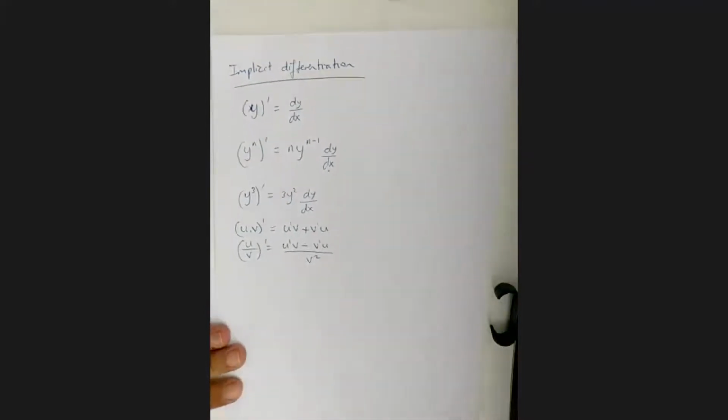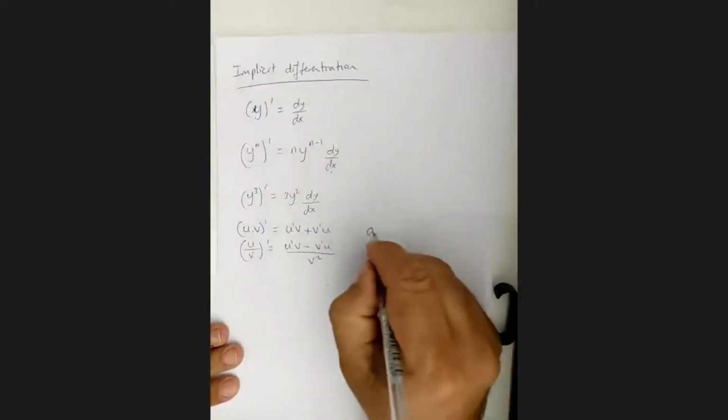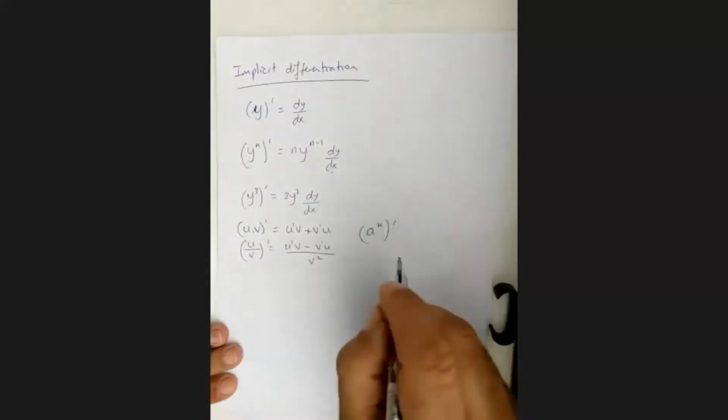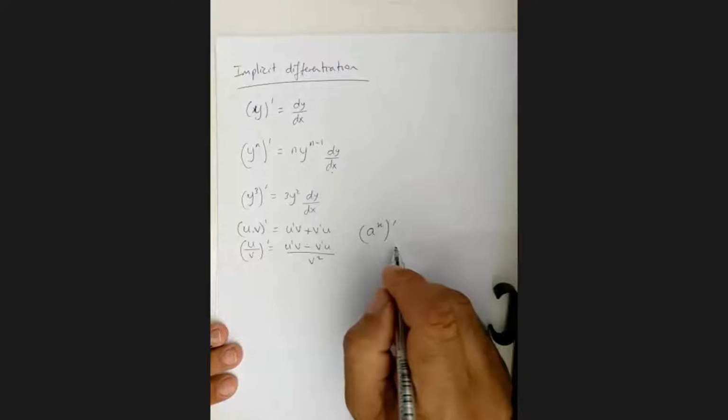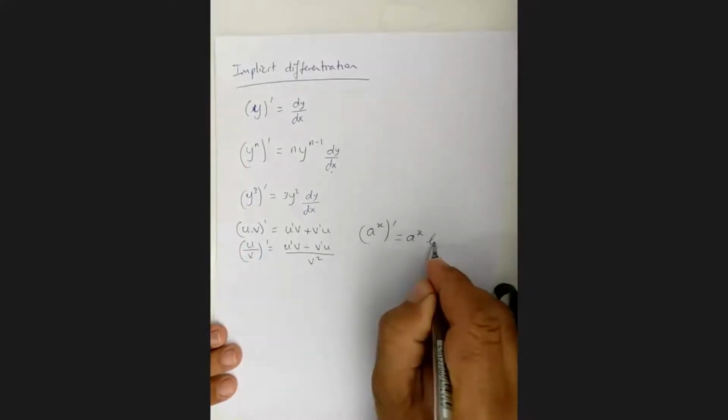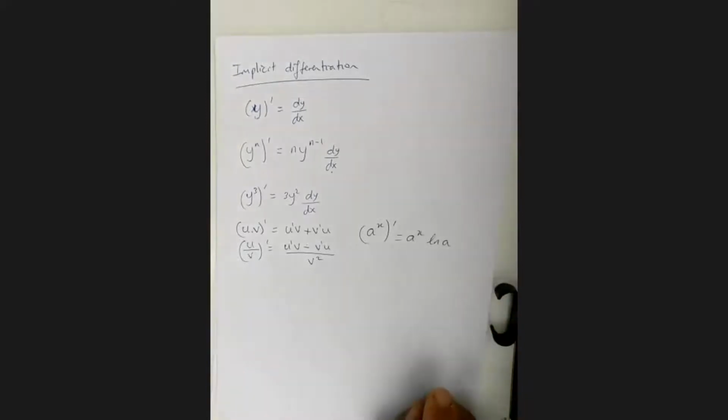And let's remember another thing. If we have a to the power of x, what is the derivative of a to the power of x? It is a to the power of x times ln a. These are the rules that we have to remember before starting implicit differentiation.